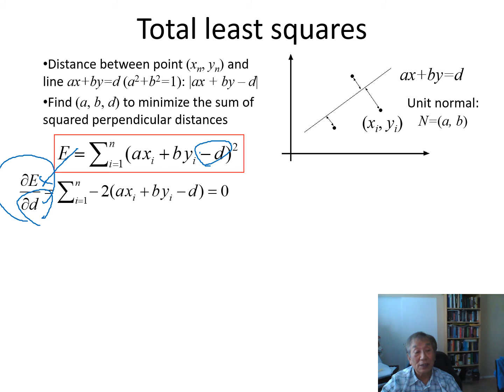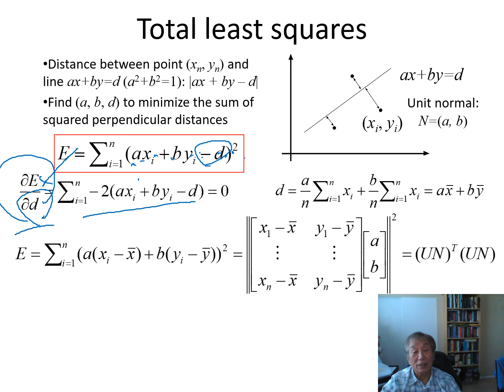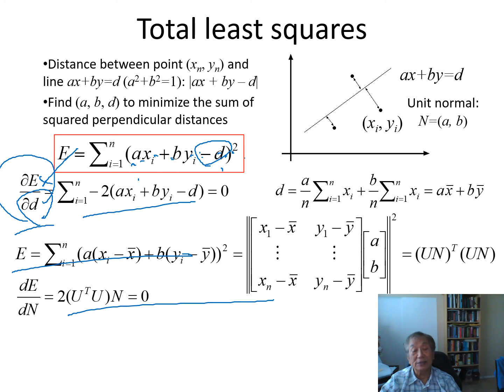Those are the three constants, or scalar values, and you solve that one, and you eventually come up with the solution of A, B, D, and that's giving you the solution. So the least square method is a statistical method of finding what would be the best fit.